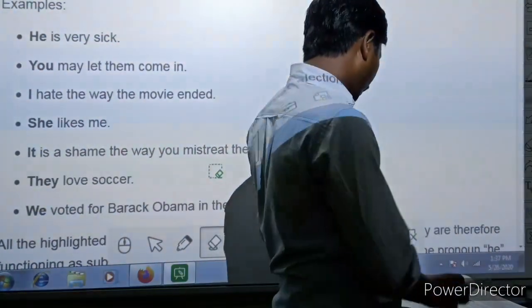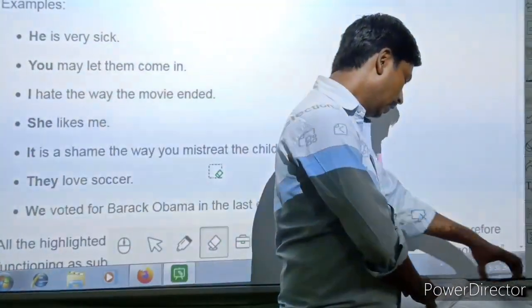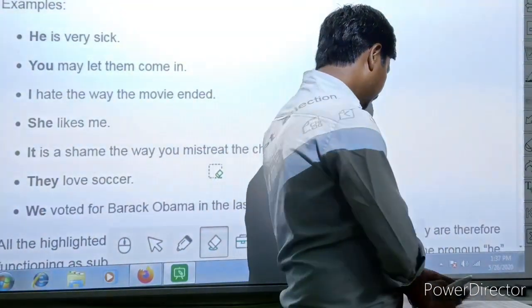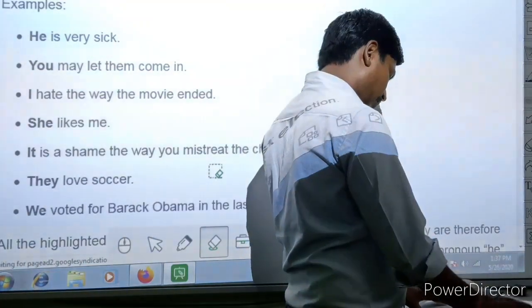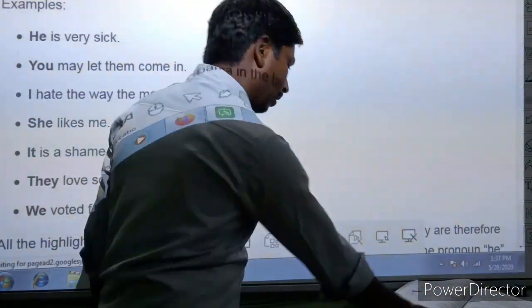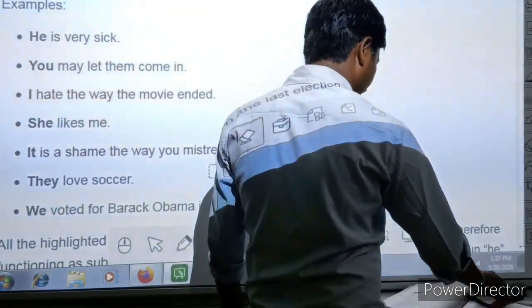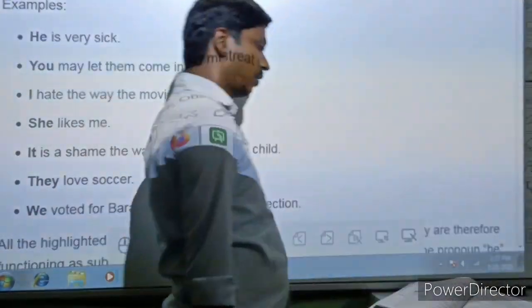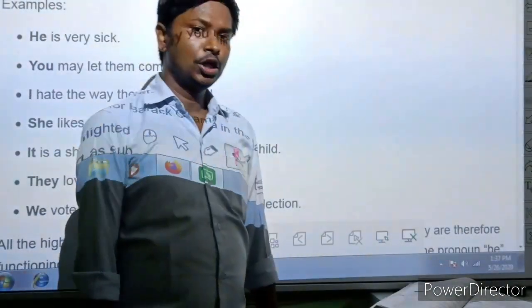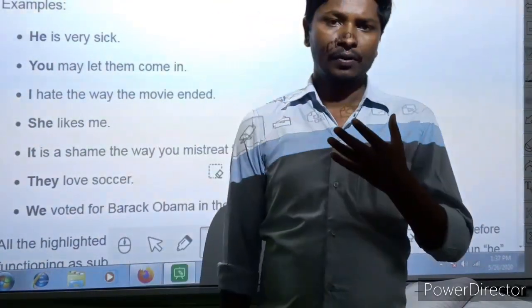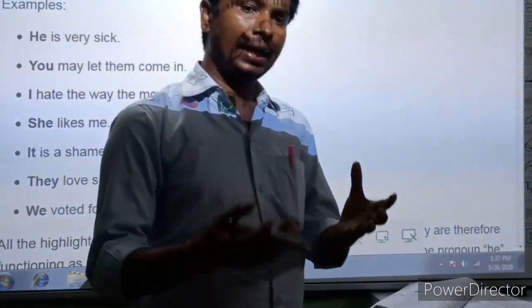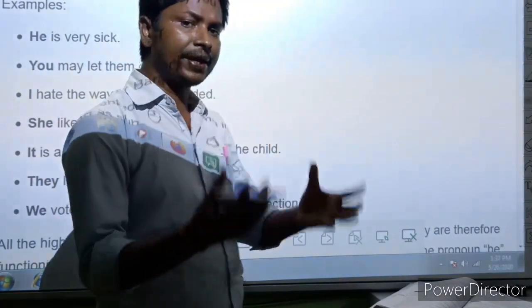It also can be used for a young child. It was a boy, or it was a child. It can also be used to show the time, the date, the year, or any specific time or period of time.